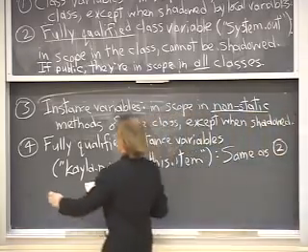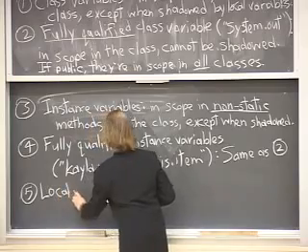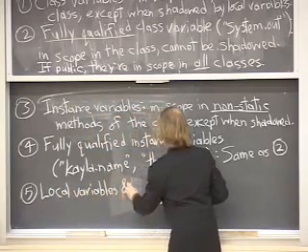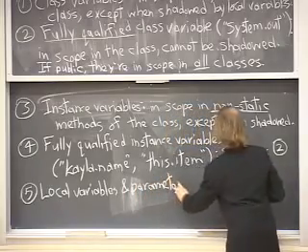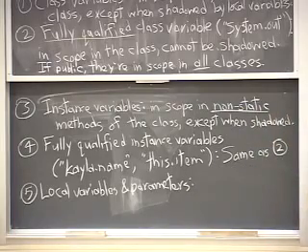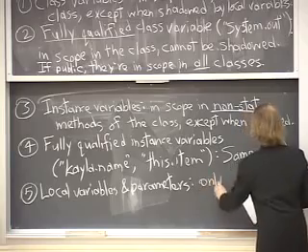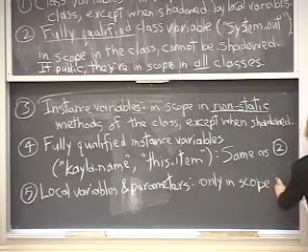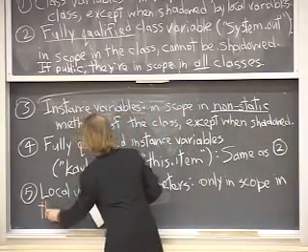And lastly, we have local variables, which include parameters. And these are only in scope inside the method that defines them. In fact, they're only in scope in the block that defines them, for those of you who know what that means.